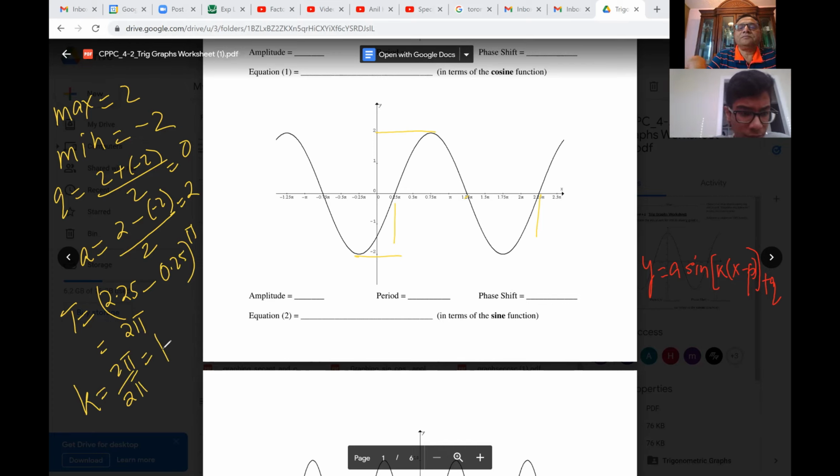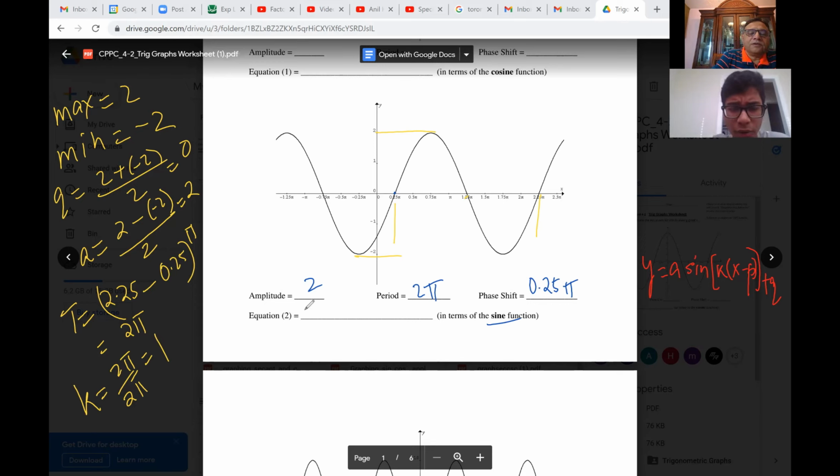Now we can easily write down our equation. We have to write in terms of sine this time. We know that the amplitude is 2, period is 2 pi, phase shift is how much? So the sine wave starts from 0.25 pi, pi over 4. Quarter, yeah.